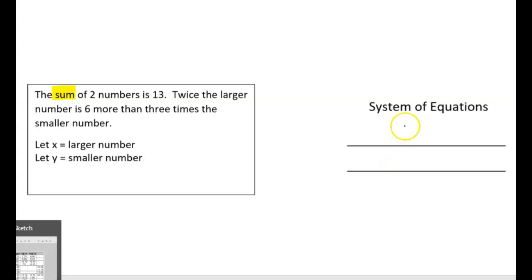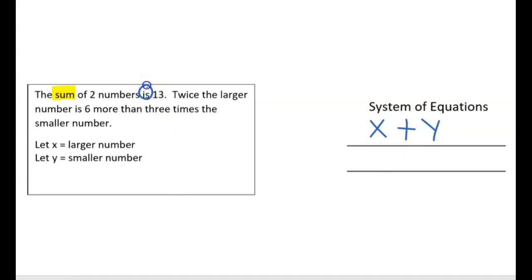It means I'm going to add something together. What am I going to add together? 2 numbers. The larger number and the smaller number. I'm going to add 2 numbers together.